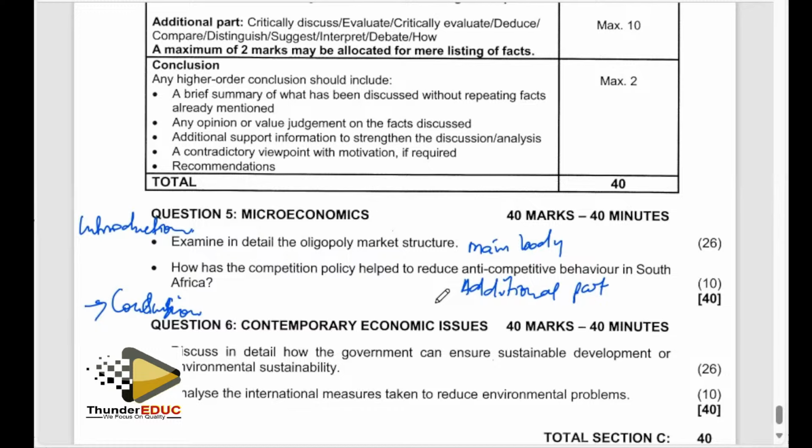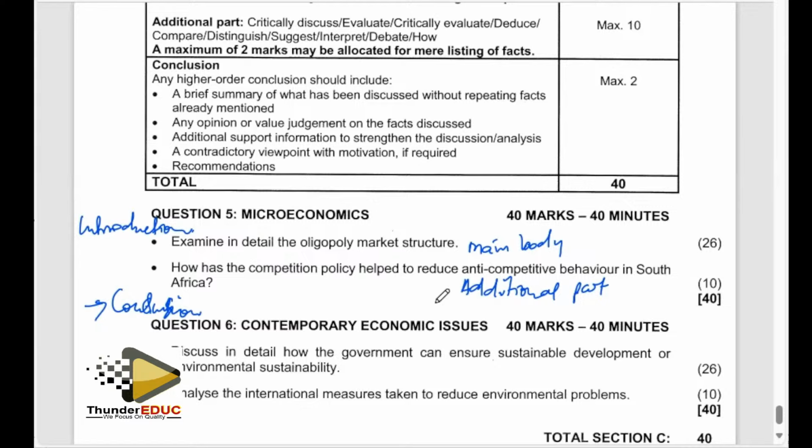Okay. Right. So now, the moment this competition prevails, remember, there are different bodies that are designed to make sure that businesses follow the rules and regulations of our Competition Act, where we have the Competition Commission that goes straight on the ground to check if businesses are following the rules and regulations of competition.